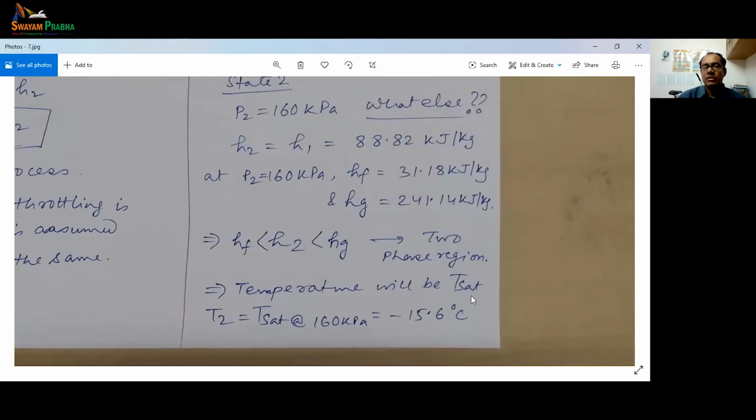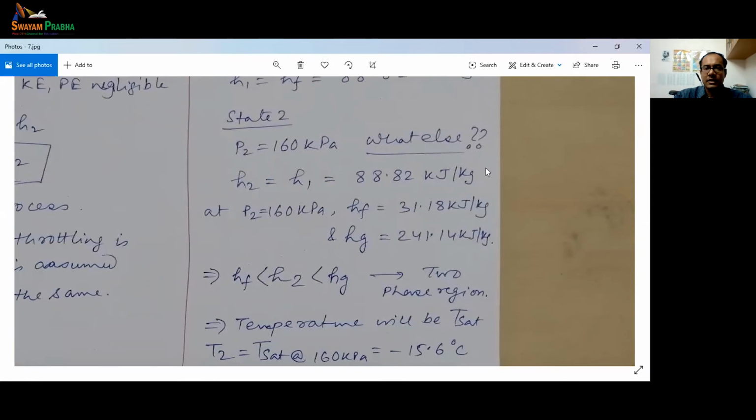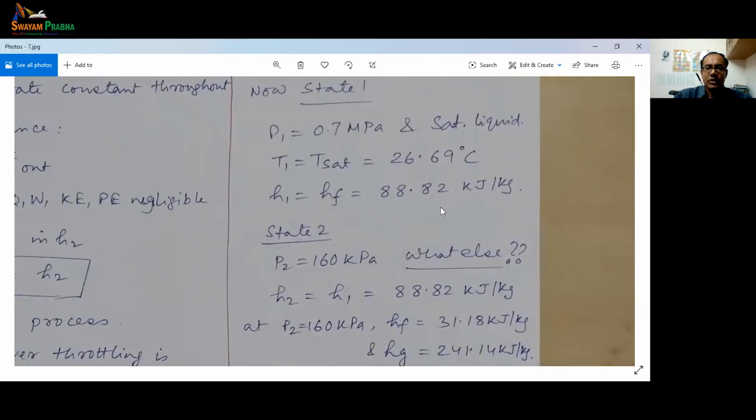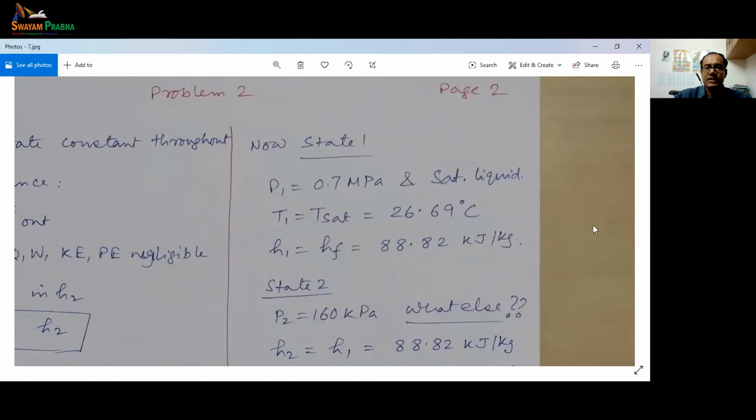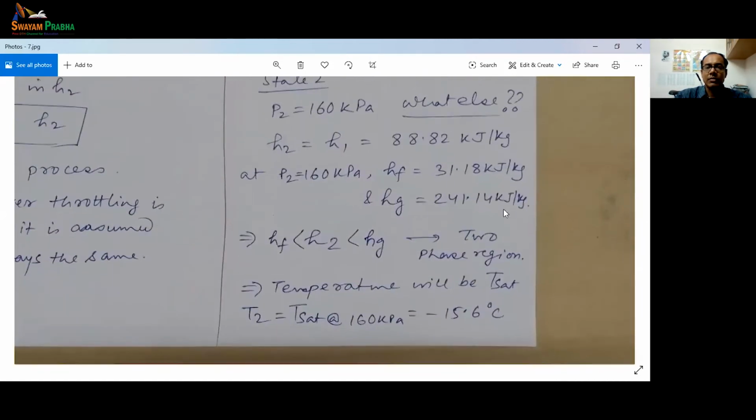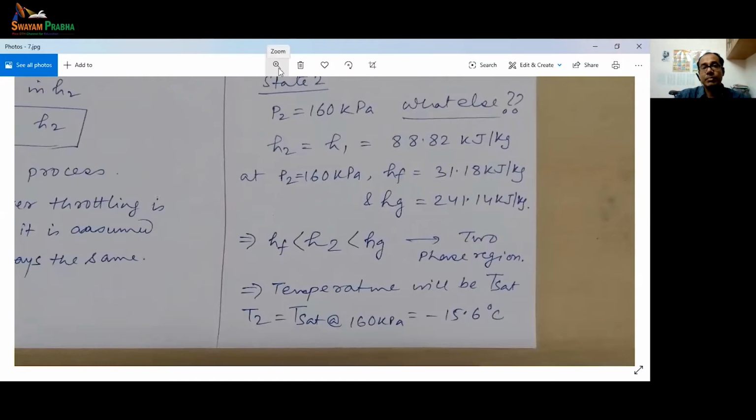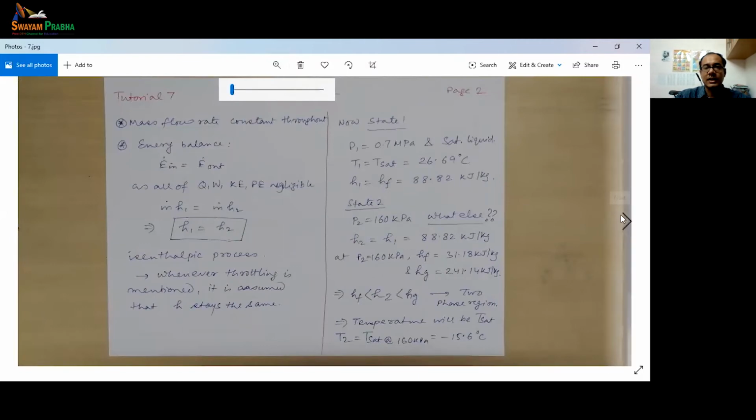If it is within the two-phase region, the temperature will be T saturated. So T2 will be T saturated corresponding to pressure 160 kPa, and that value is minus 15.6 degrees centigrade. So the temperature at inlet we found is 26.69, and at outlet we found it is negative. So the temperature dropped, it went to negative 15.6 degree centigrade.